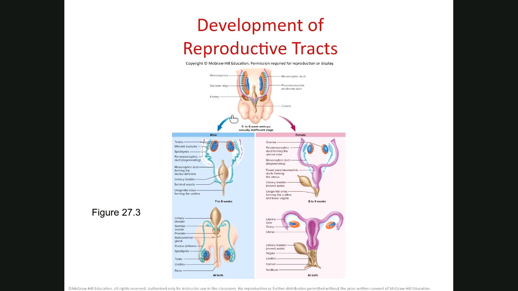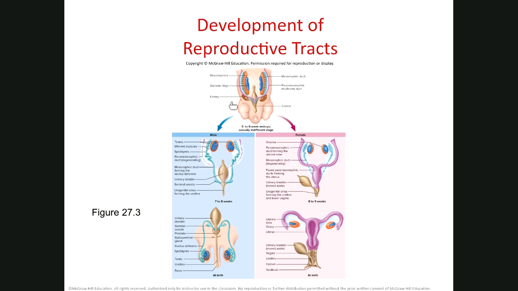For the genital tubercle, if the male develops, you will develop the glans penis. If the female develops, you will have the glans clitoris. The urogenital fold, in the male, will become part of the penile shaft, and in the female, the labia minora. The labioscrotal fold will become the scrotum in the male and the labia majora in the female.